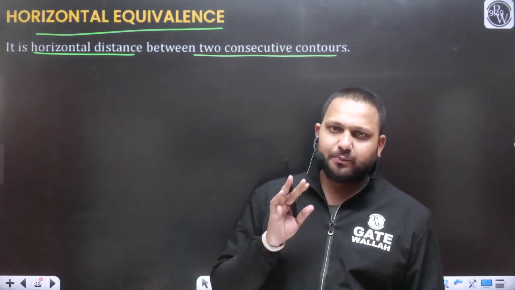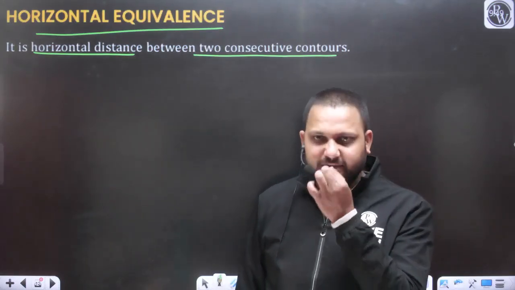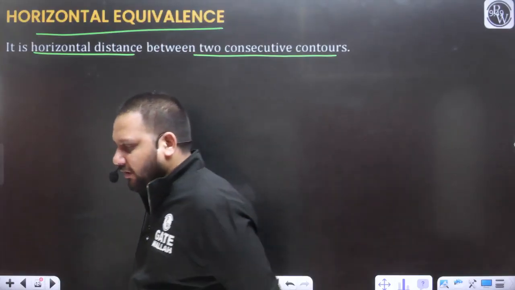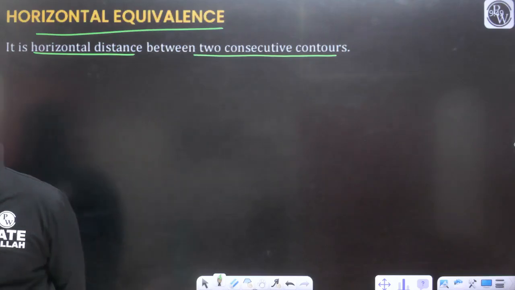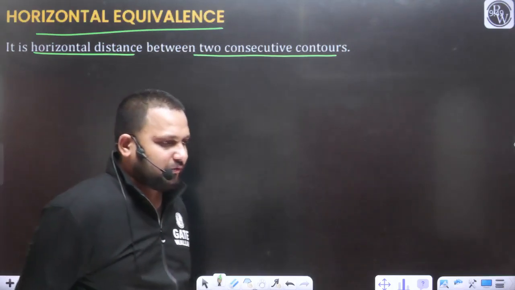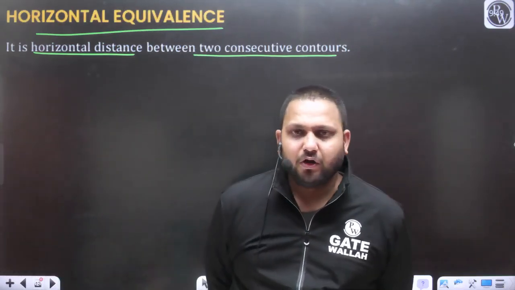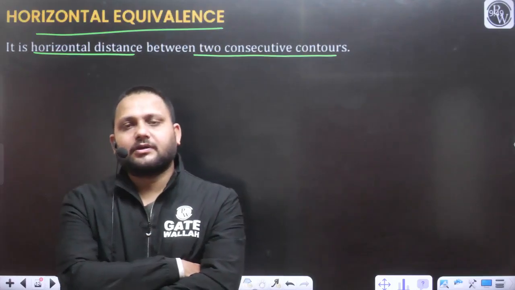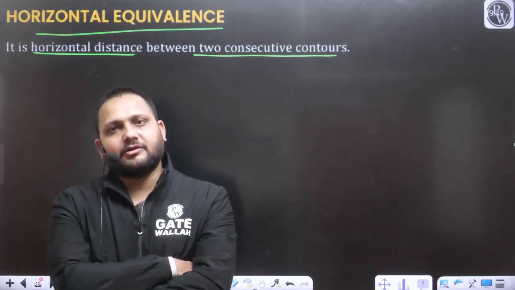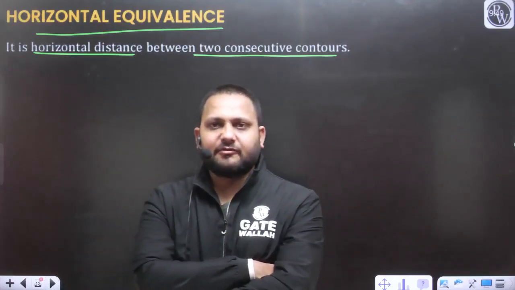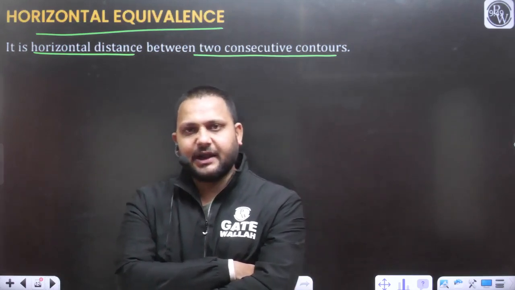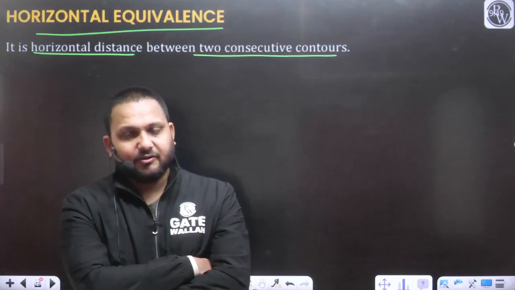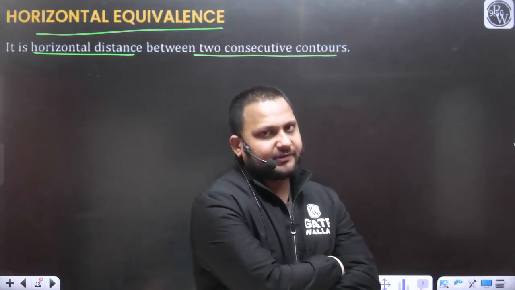I am asking the same question. For the preparation of a contour map, should we consider the horizontal equivalence as a constant value, or should it be a variable value? Like you have just discussed, for contour interval we will take the same constant for the entire map. Similarly, what about the horizontal equivalence?